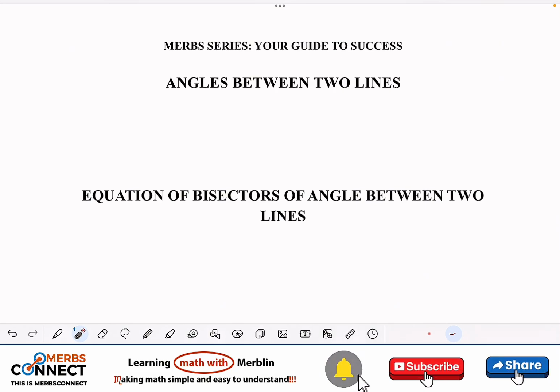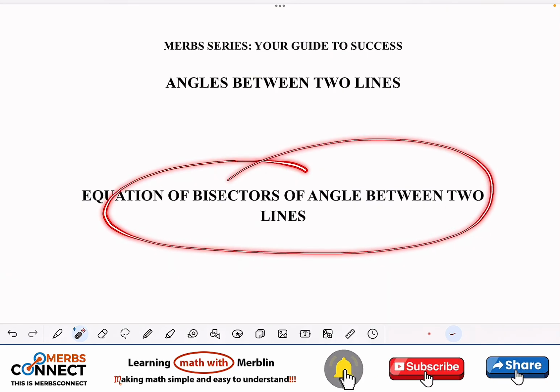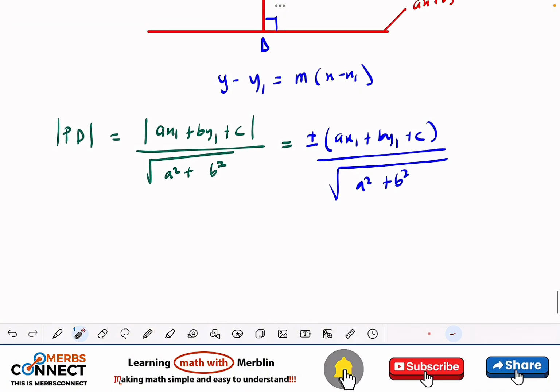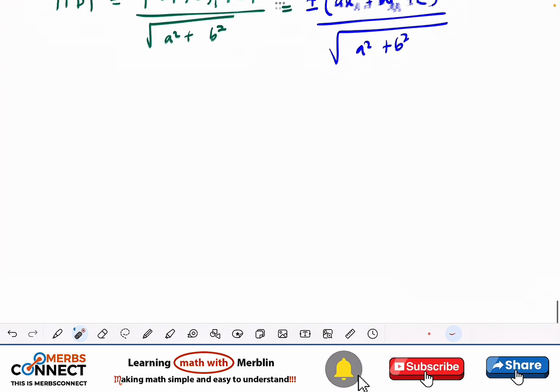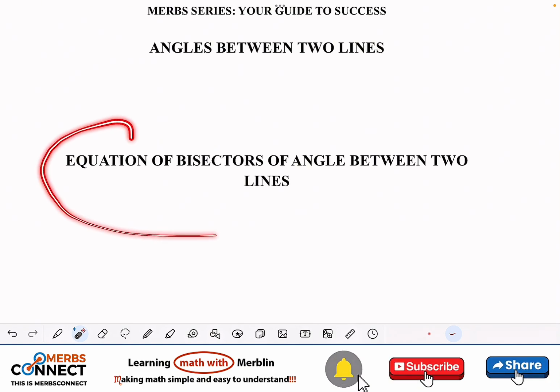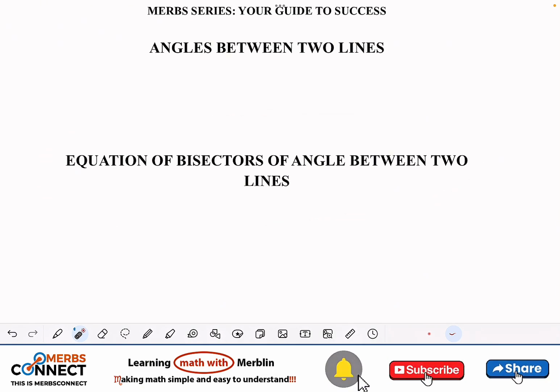Now, with the idea of angles between two lines and then the equation of bisectors of an angle between two lines, it's kind of basically this one. If we are doing them, we think of using something like a formula like this and then we just do them, right? So basically we don't have an exact formula that we are going to use for the equation of the bisector of an angle between two lines. But when we solve more examples, I will show you what we are going to do from there.